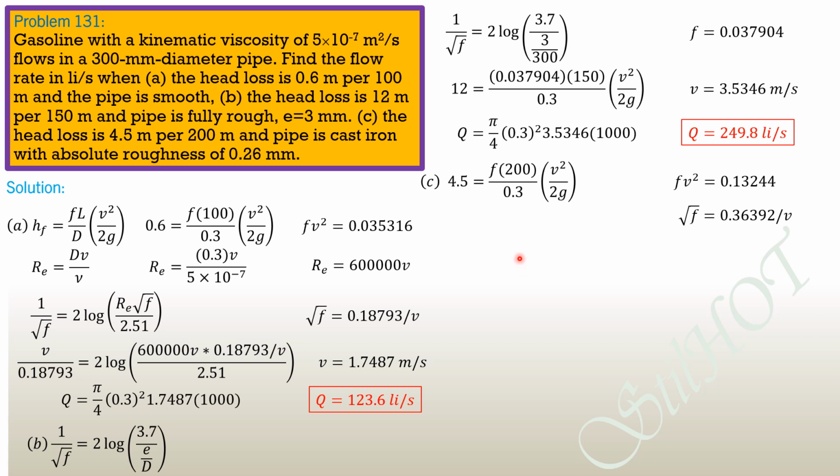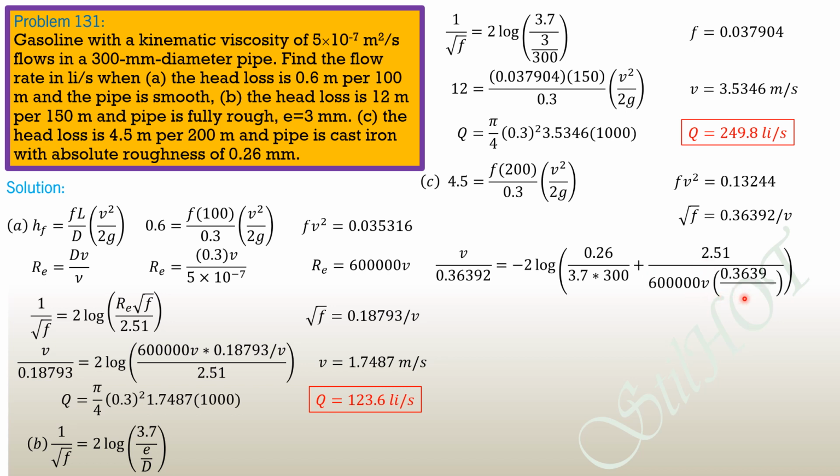Then Colebrook's equation for the transitional case, transition from smooth to fully rough, is 1 over square root of f, or V over 0.36392, equals negative 2 log of E over 3.7 D plus 2.51 over Reynolds number square root of f.